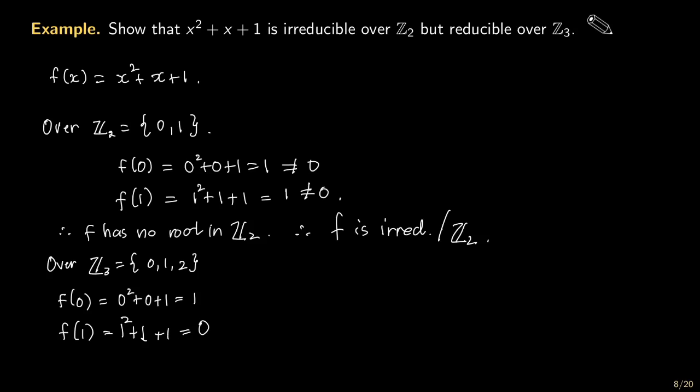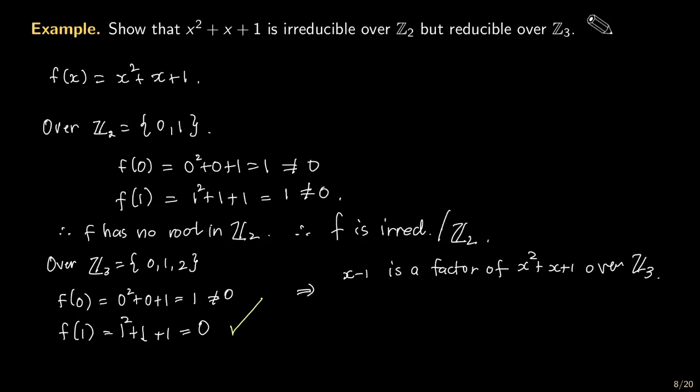This time it's now 0. So that means x minus 1 is a factor of x squared plus x plus 1 over Z sub 3.